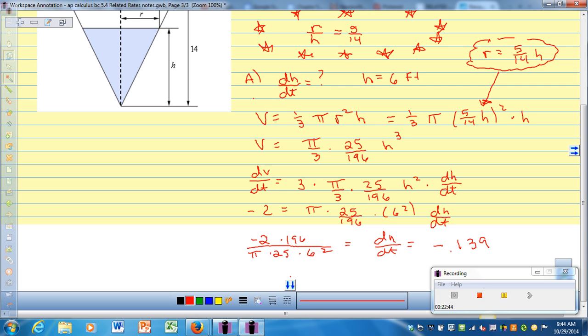They gave us that the volume was leaking, or changing, decreasing by 2. 25 goes to the bottom, well, when you divide by a fraction, you multiply by the reciprocal. I have negative 2 times 196 per hour, and then the bottom multiplied out from that.